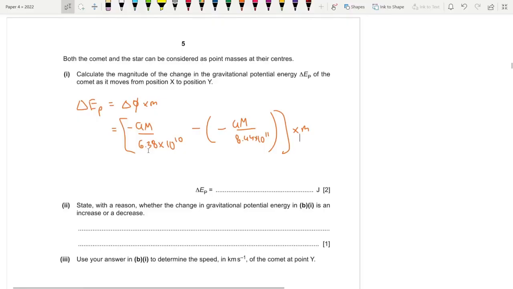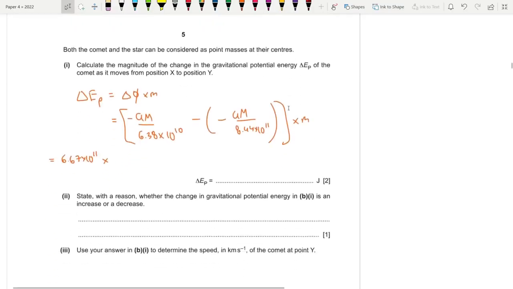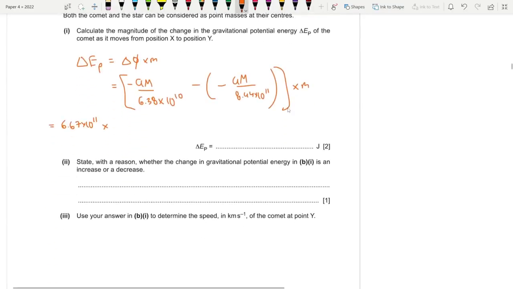Now, what we can do is we can actually take GMm common. So we end up with 6.67 × 10^-11. That's the value of G. The value of capital M is 1.99 × 10^30, right? And the mass of the smaller, the comet, is 2.20 × 10^14. This multiplied by minus 1 divided by 6.38 × 10^10 plus 1 by 8.44 × 10^11.